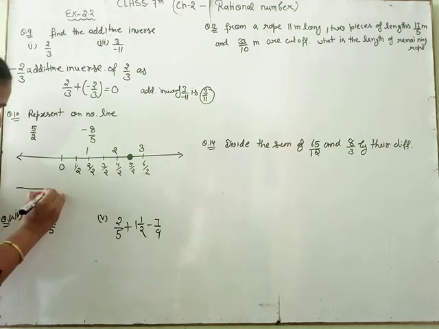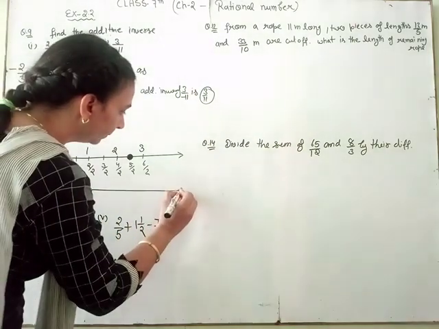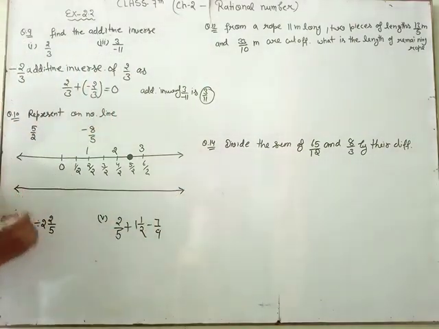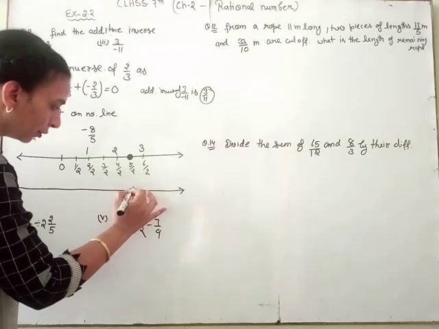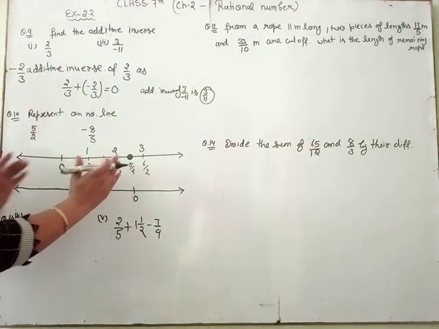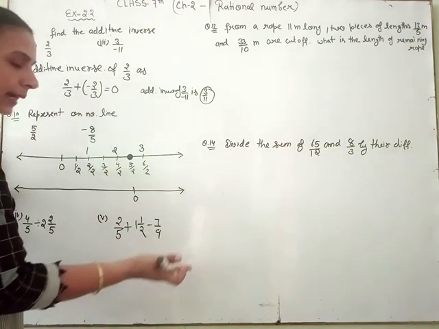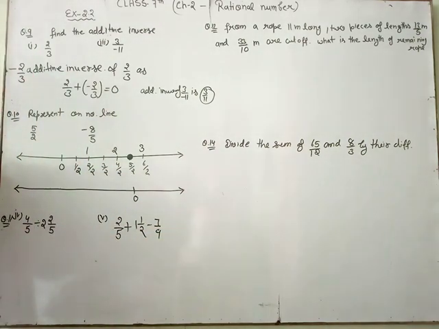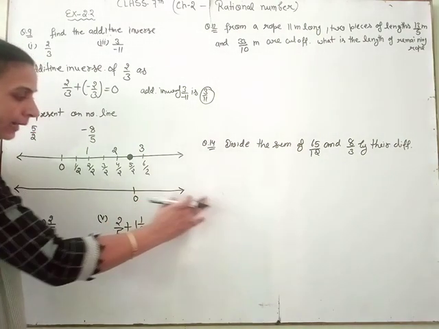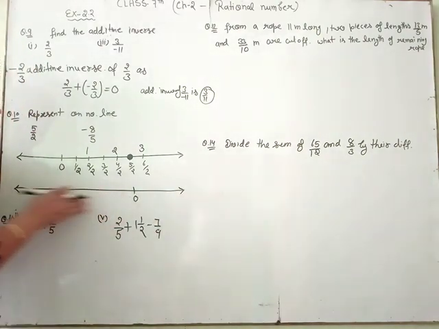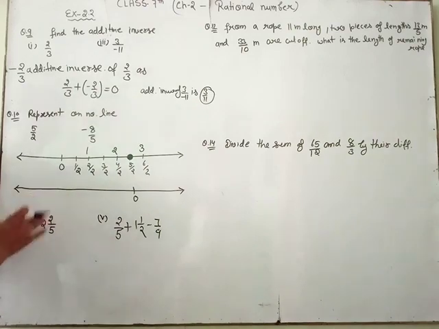Same as before, we make a number line. This is a negative rational number, so we take a 0. The left side of 0 is negative and the right side is positive.